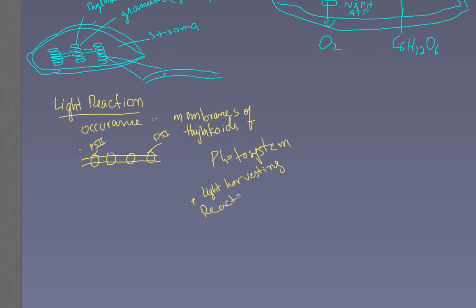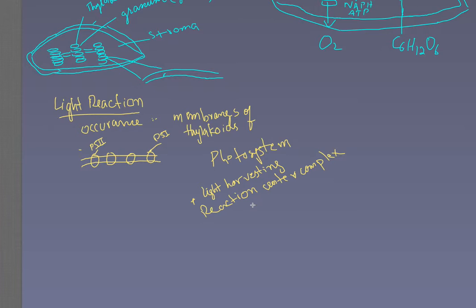These words are confusing. What is their function? The light harvesting complex collects light, and the reaction center complex is where the chlorophyll molecule is present, which helps the reaction go on.